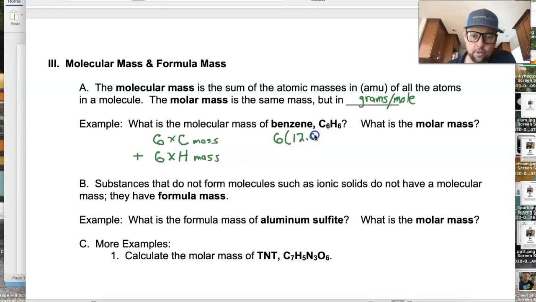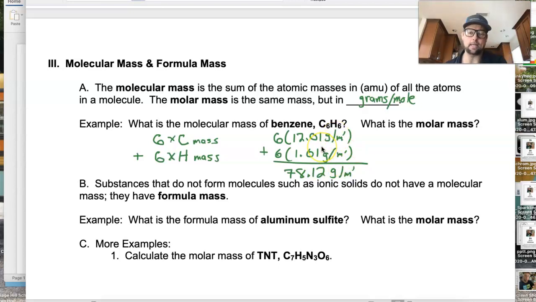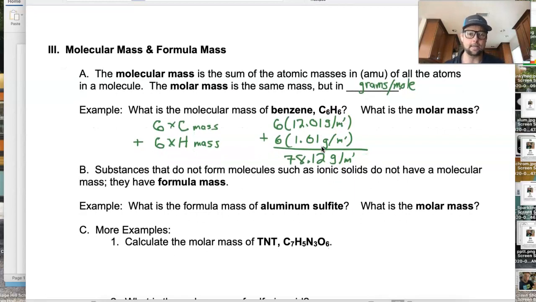So 6 times 12.01 grams per mole, plus 6 times 1.01 grams per mole for hydrogen. If we add all these together, we get 78.12 grams per mole for benzene, C6H6.